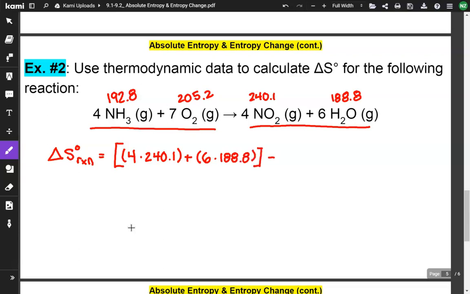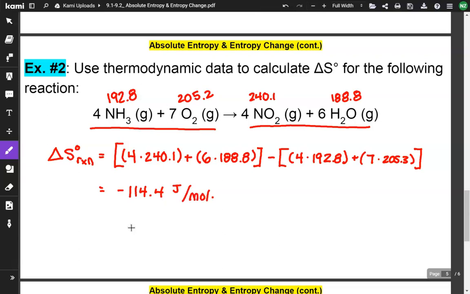And we're going to subtract the sum of our reactants. So we had 4 moles of NH3, and NH3 was 192.8. And then O2, we had 7 moles, and each O2 is 205.3. So if we put this in our calculator and we're careful, you should get an answer of negative 114.4 joules over moles times Kelvin.